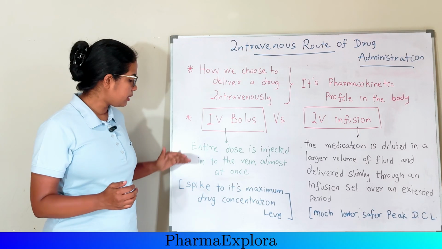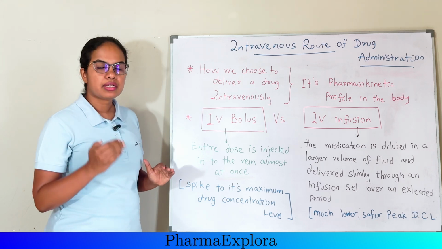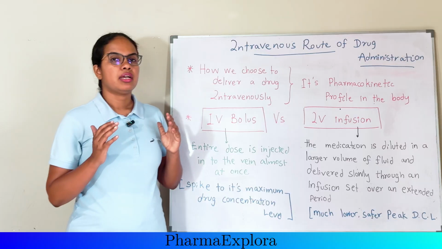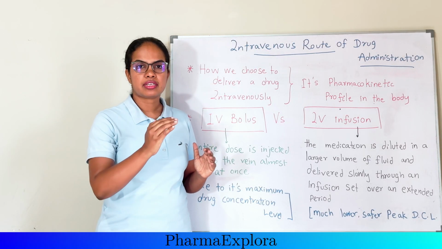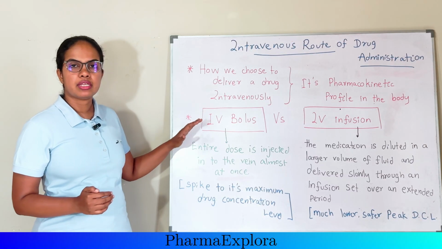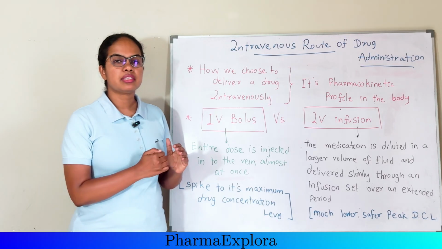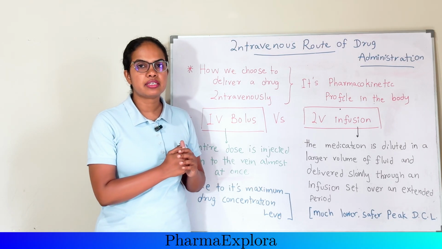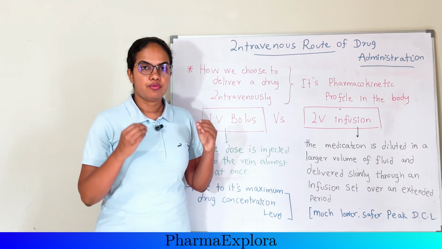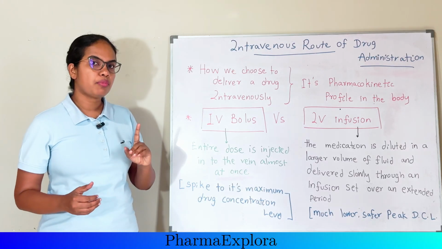So we can expect a sudden increase of the drug concentration to its maximum. Because we are increasing the drug concentration to its maximum instantaneously, we can expect the immediate therapeutic effect. That is the most important part.